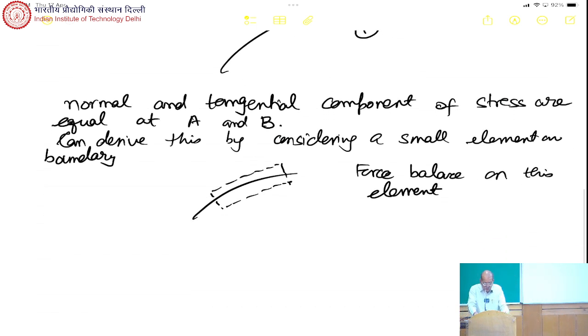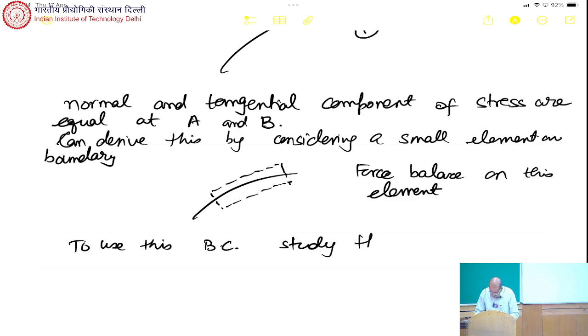So now, how do we use this? In order to use this, let's have a look at our constitutive laws.